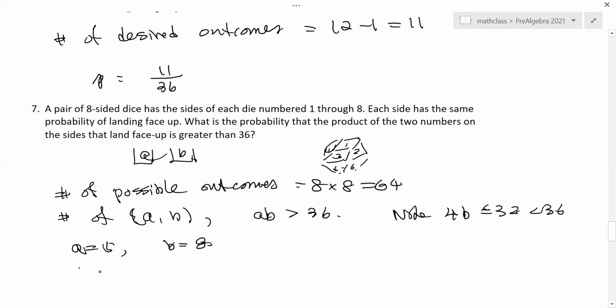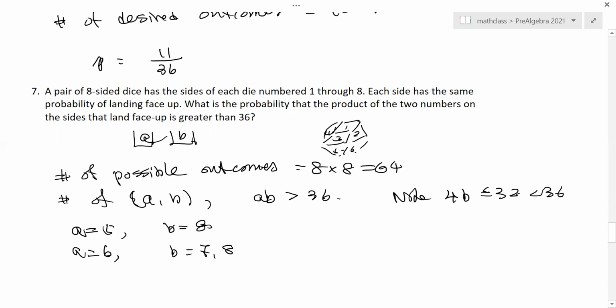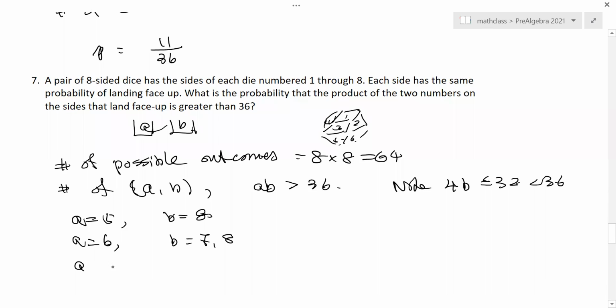If A is 6, then B can be 7 or 8, so the product is greater than 36. If A is 7, B can be 6, 7, or 8.